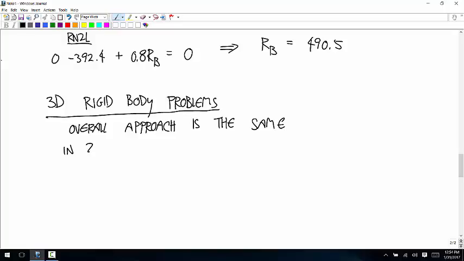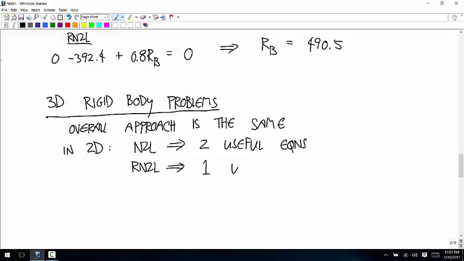But in 2D, Newton's second law gives two useful equations. And rotational Newton's second law, the moment equation, gives one useful equation. So the total is 3 equations that you get out of it.